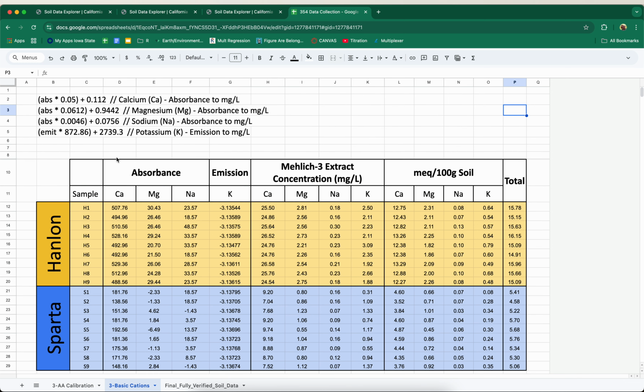So again, if you recall, that device that we used outputted these slopes as well as these y-intercepts, so we can kind of back calculate our milligrams per liter from our Mehlich 3 extract from either the absorbance or emission, depending on which of those base cations of interest.